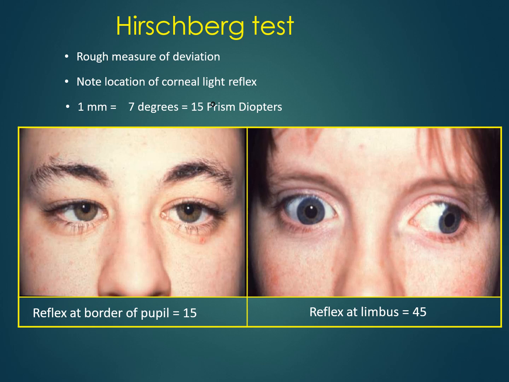So if the corneal light reflex is deviated by 2 millimeters, then 2 into 7, the deviation is 14 degrees, and 15 into 2 is equal to 30 prism diopters. Or if the reflex is at pupillary border, the deviation is 15 degrees, and if it is at limbus, the deviation is 45 degrees.